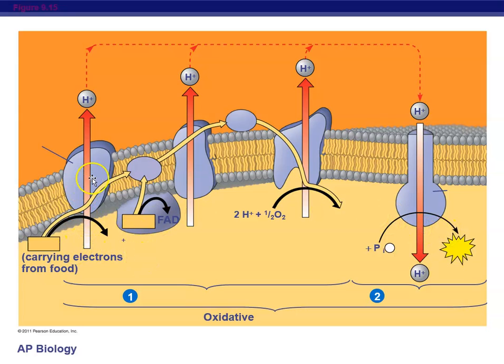Again, let's review our electron transport chain. As NADH and FADH2 give up their H's, the proton of the H is pumped up to the top, and the electron is moved along these enzymes. Moving those electrons along these enzymes helps those enzymes pump the H's up to where they need to go.